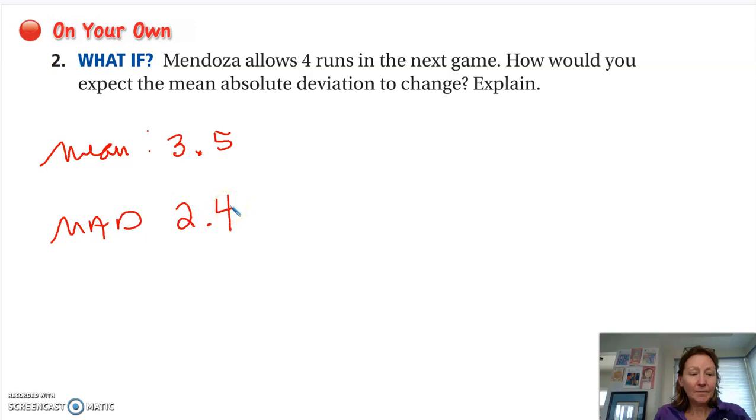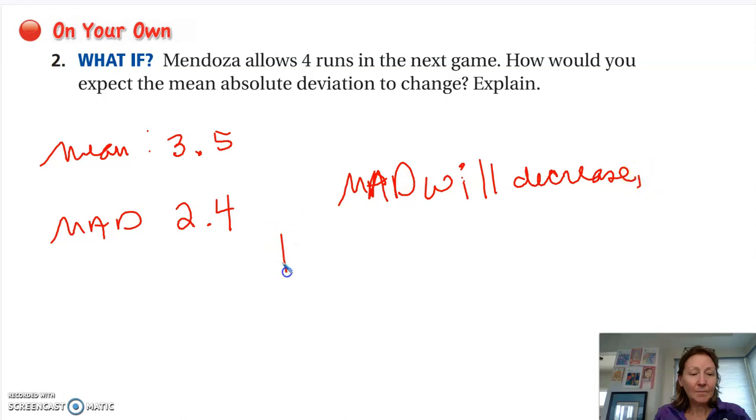Okay, so if he allows 4 runs in the next game, I'm hoping that you see that the MAD will decrease, but the distance, so we're just thinking about the average distance, right?